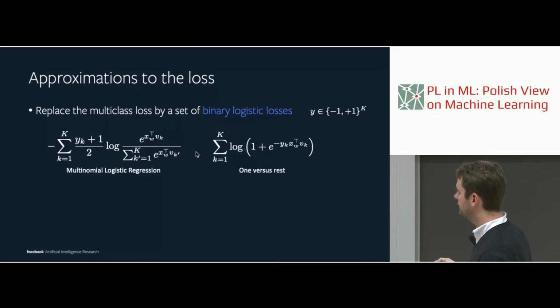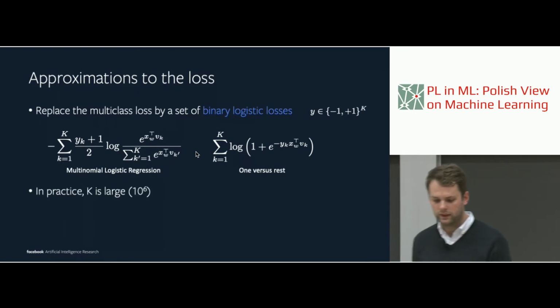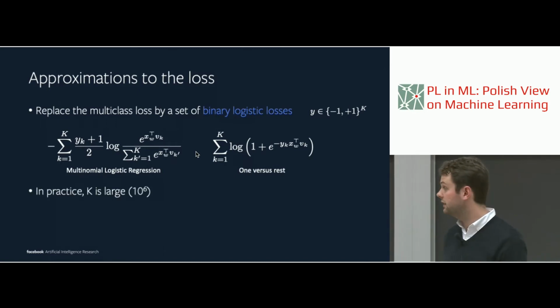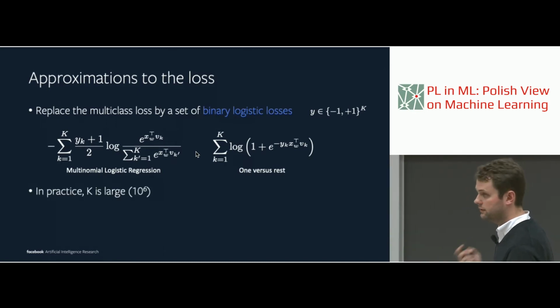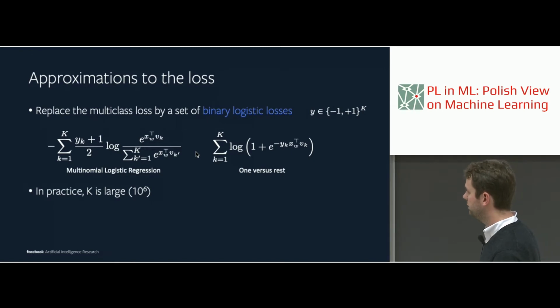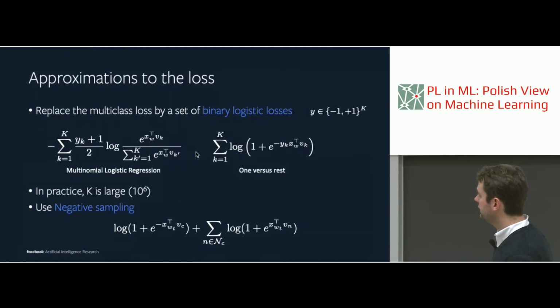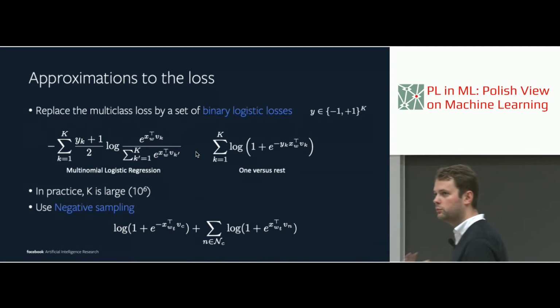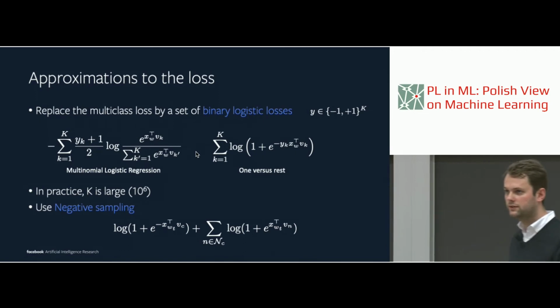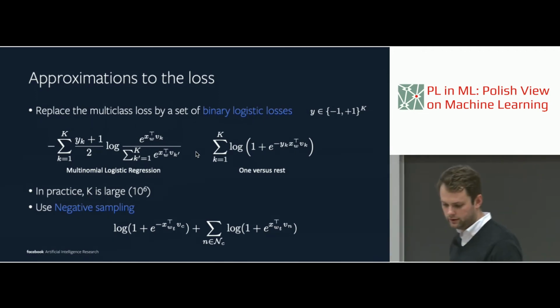In that case you still have this sum, and this k is basically prohibitive, it's very large, 10 to the power 6, 10 to the power 7. So we use negative sampling, and in this there are only a few terms: one term which is a positive, and out of the negatives we subsample, we just take a few of them, 5, 10, 15, and the other ones are left aside.